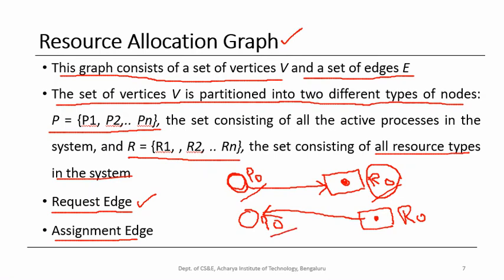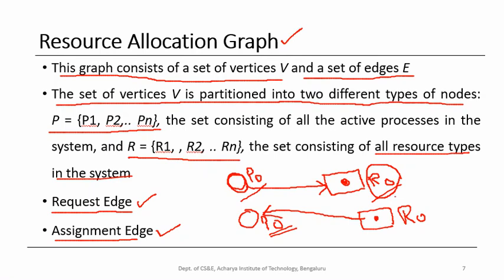If that is the case, then this kind of edge is called an assignment edge. If the process is waiting for the resource, that is depicted like this, and this edge is called a request edge. If the process is holding a resource, then there will be an edge from the resource to P0, but the arrow is towards P0. So this kind of edge is called an assignment edge.